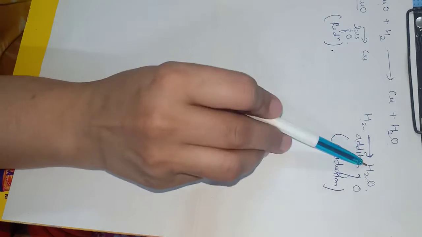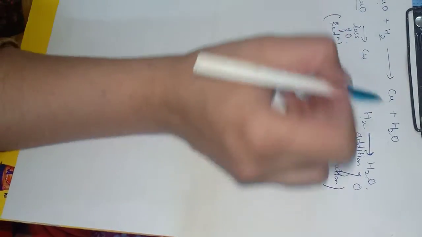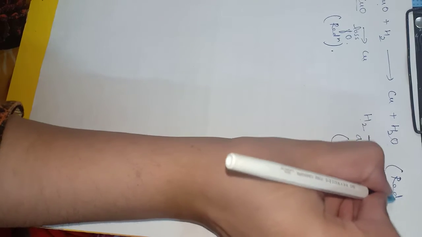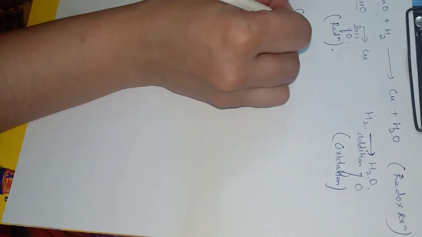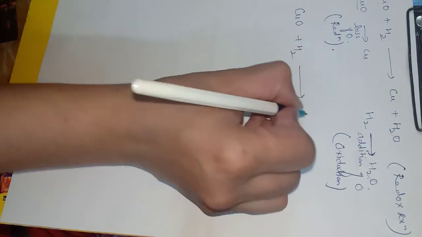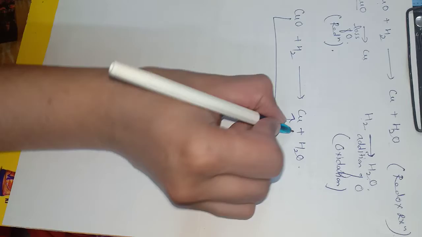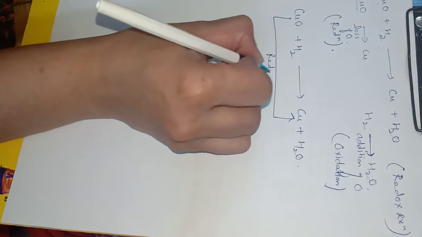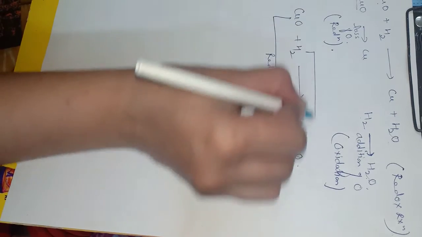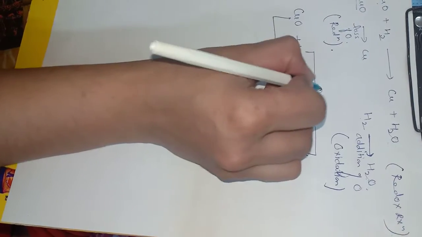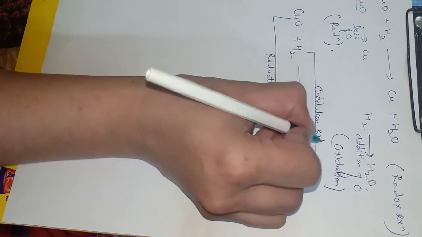So this is the oxidation reaction, this is the reduction reaction, and commonly it is a redox reaction. We can also represent it this way: CuO converts into Cu, reduction reaction, and H2 converts into H2O, oxidation reaction.